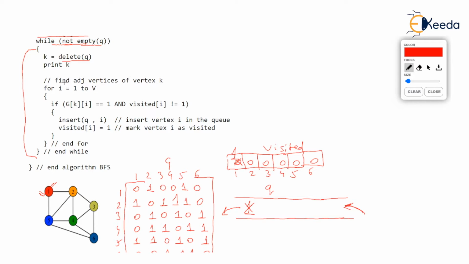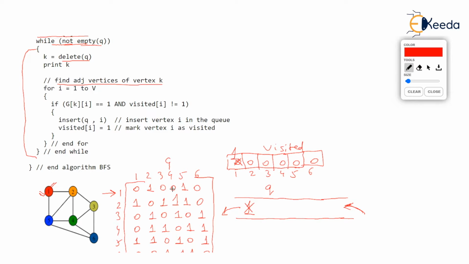Now what? After printing any vertex, we will check the adjacent vertices of that. So how do you know who are adjacent to vertex K? Remember K is 1. You just be in the first row of the matrix and see all columns in this row.